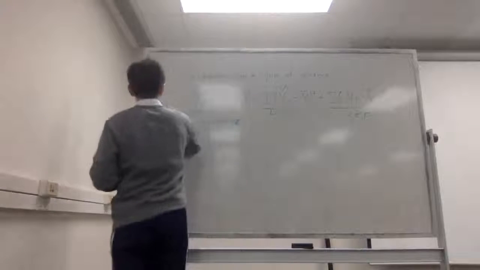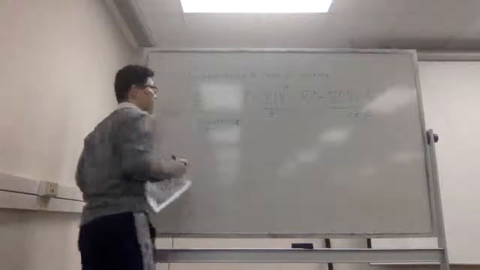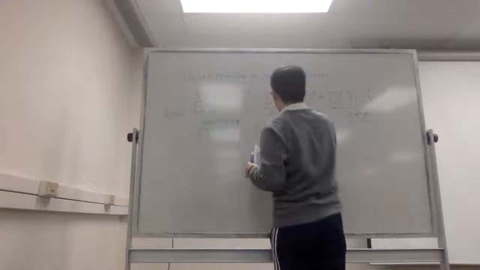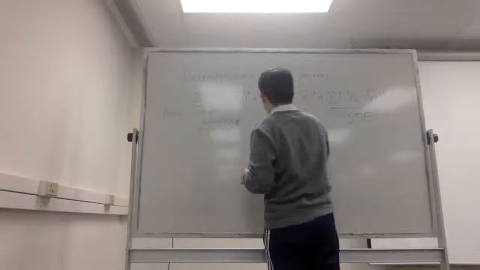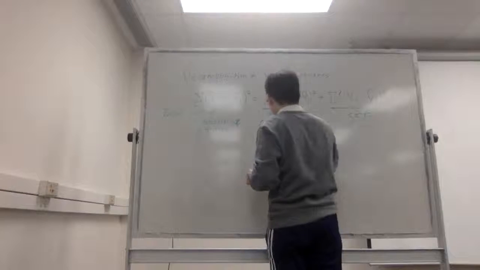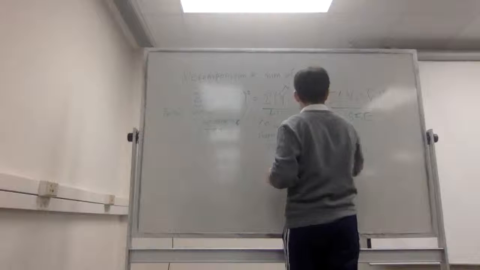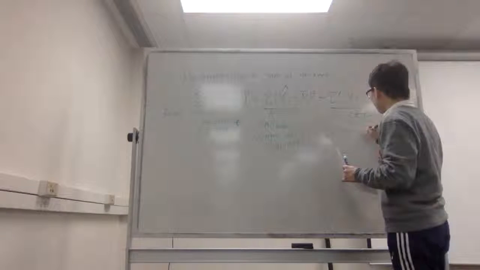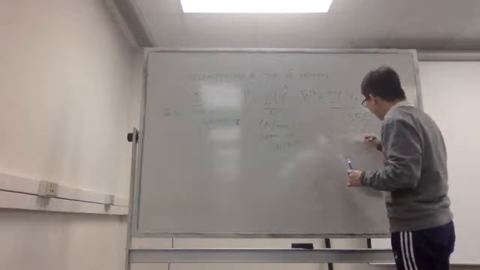Sorry, I'll lay out the abbreviations: total sum of squares, model sum of squares, and this is the sum of squared errors.